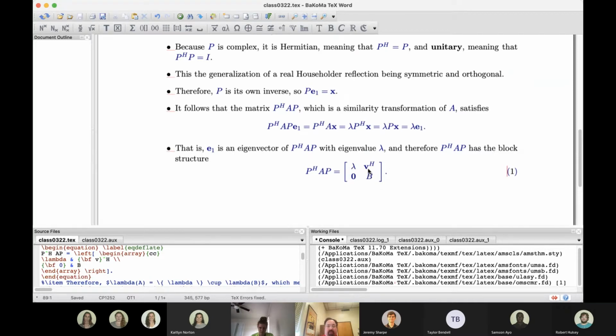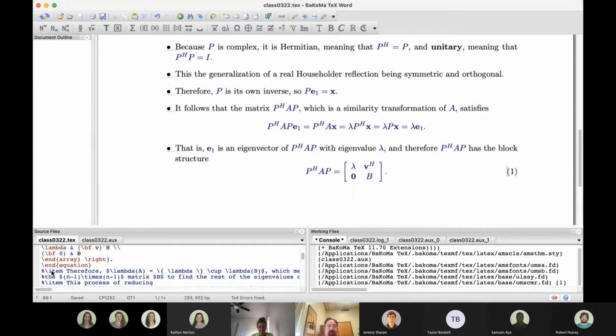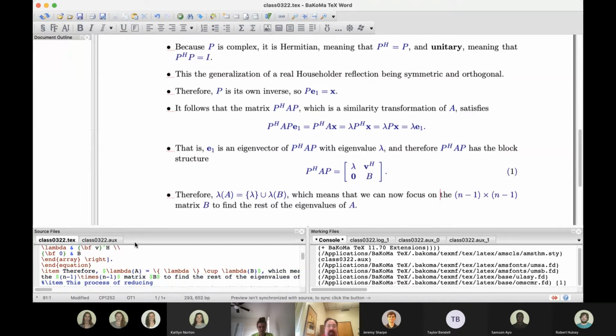Point is, this matrix is block upper triangular, and what that tells us from last time is that all the eigenvalues of this matrix, which is the same as all the eigenvalues of A, consist of lambda and whatever eigenvalues B has. In other words, I've reduced the size of the problem. So I have one eigenvalue and eigenvector, but by carrying out this process, I've now isolated this matrix that has the rest of A's eigenvalues, and now I can focus on it to find all of them.